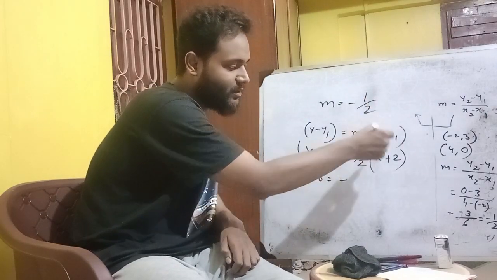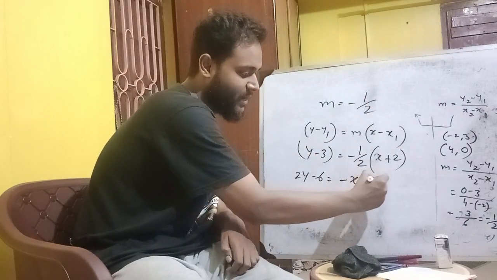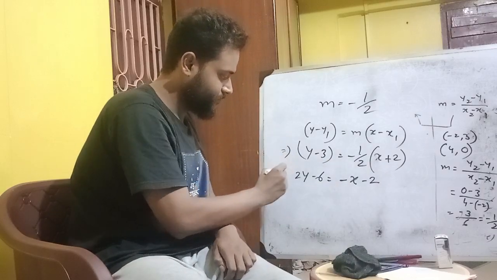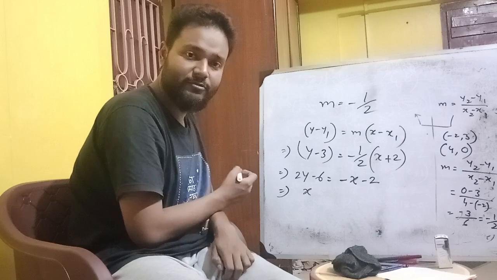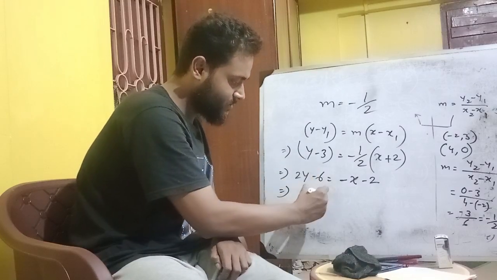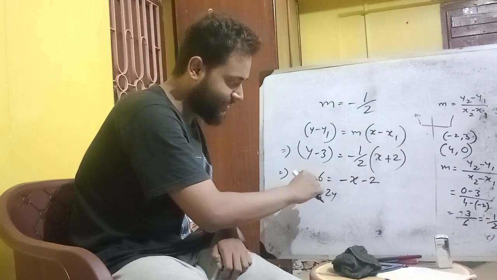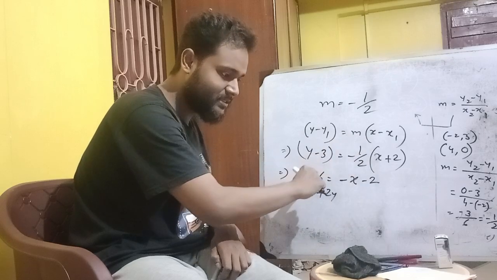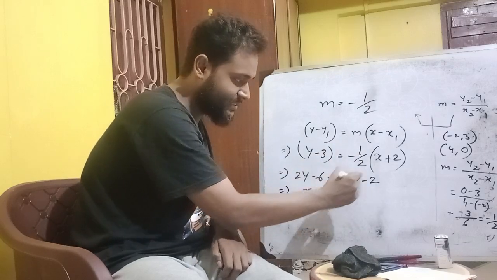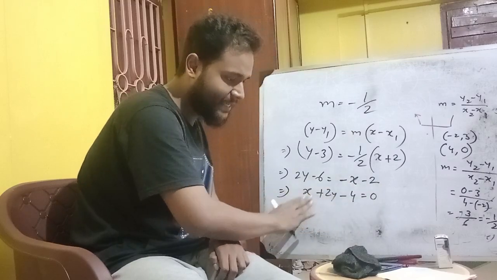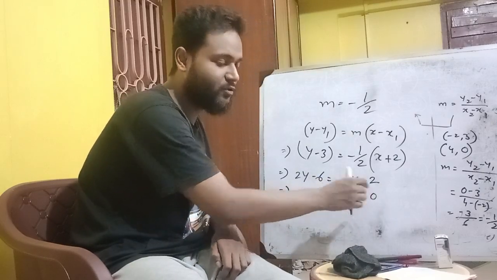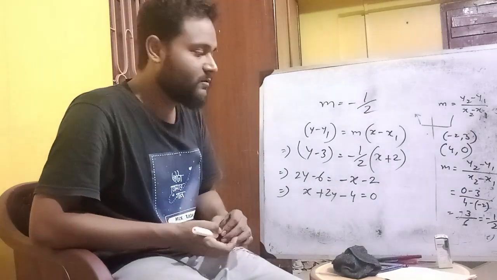So -1 into this, so minus x minus 2. So minus x, by changing the side it will be plus x, plus 2y, and that will give -6, and this is plus 2. So -6 plus 2, that will give -4. So the answer will be x plus 2y minus 4 equal to 0.